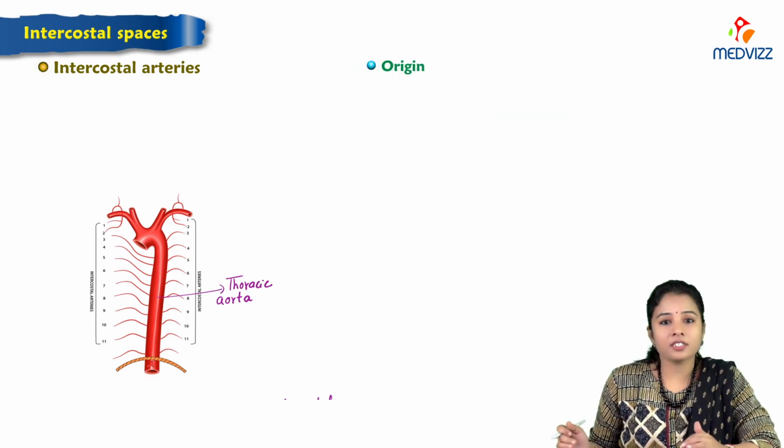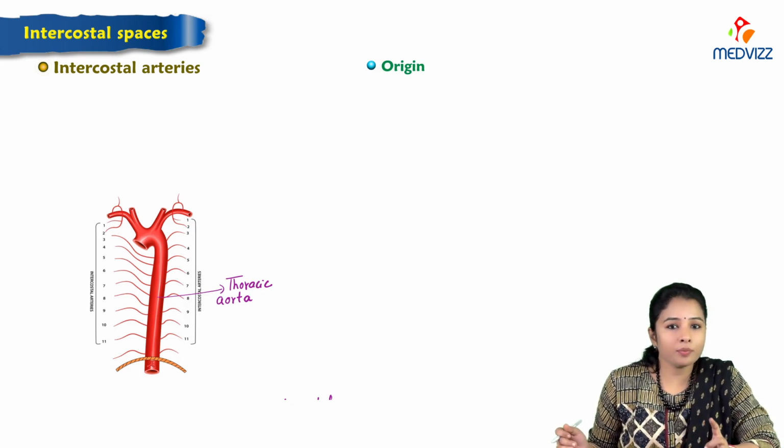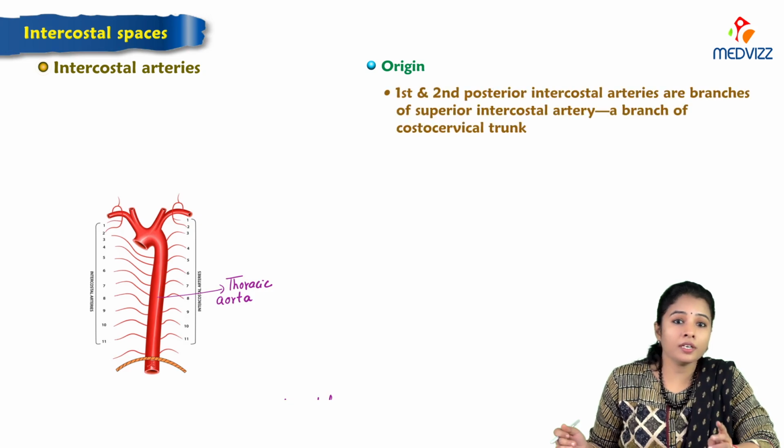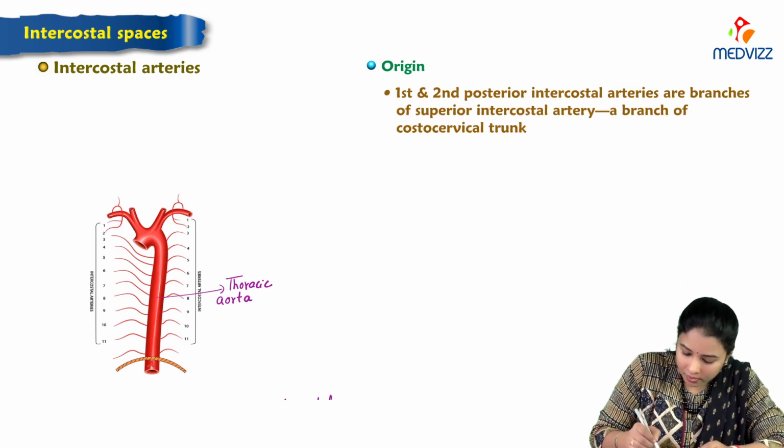And if we see the origin, the first and the second posterior intercostal arteries are the branches of superior intercostal artery. So here is the first and this is second.